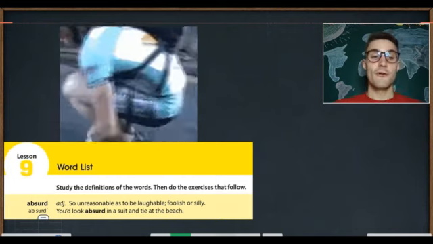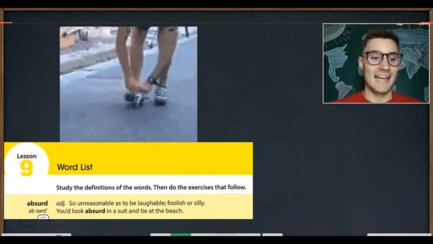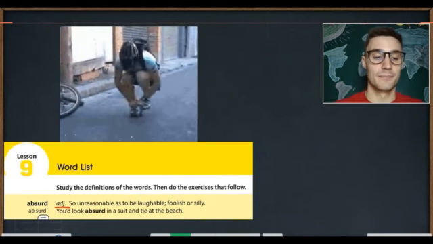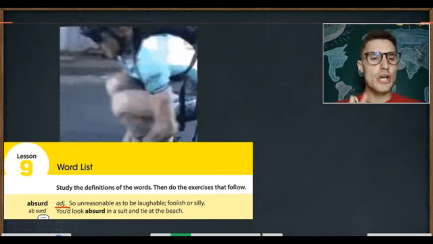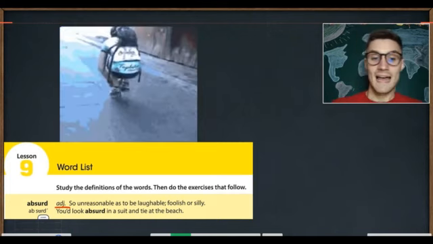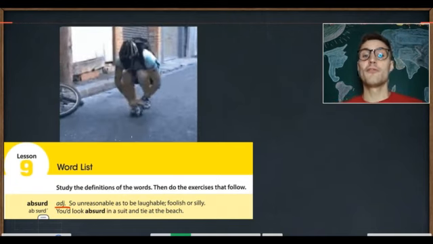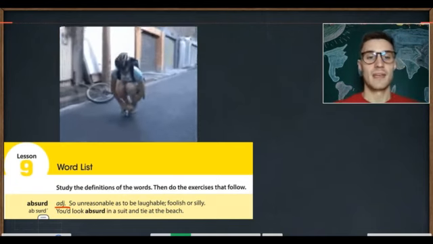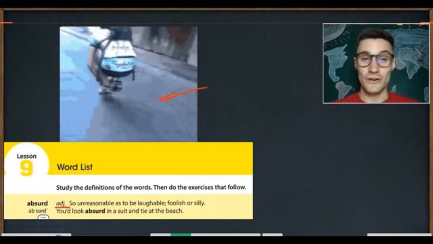Great. The first word is absurd. Absurd has an adjective meaning. We use this word to describe things which are so unreasonable as to be laughable, foolish, or silly. This little bicycle is absurd.